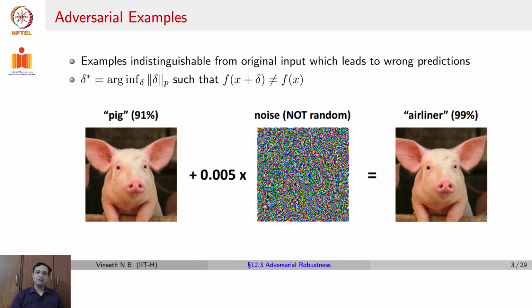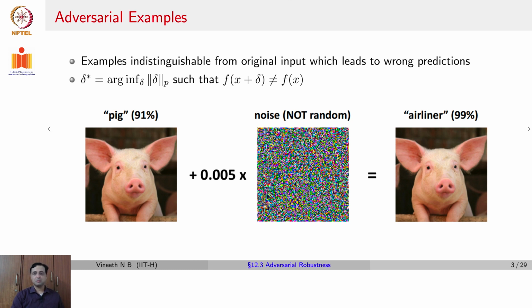Here you see an example where an image of a pig which a deep learning model said was a pig with 91% confidence. If you add a little bit of random noise, just 0.005 of random noise to this pig, the same deep learning model now calls this an airliner with 99% confidence.